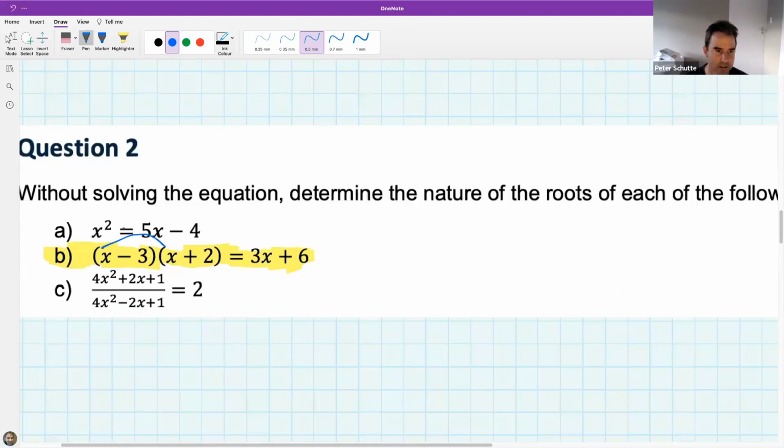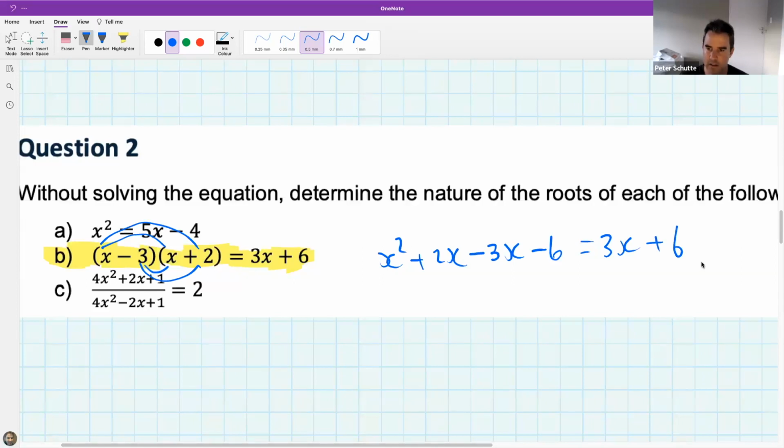Let me see if I can do my multiplying out first. So there's my multiplying out. And then I want to put it into standard form.